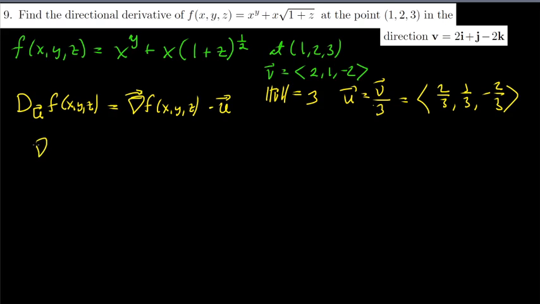All right, now let's take the gradient of f. We want the whole vector, so let's write it this way: f subscript x times i plus f subscript y times j plus f subscript z times k.